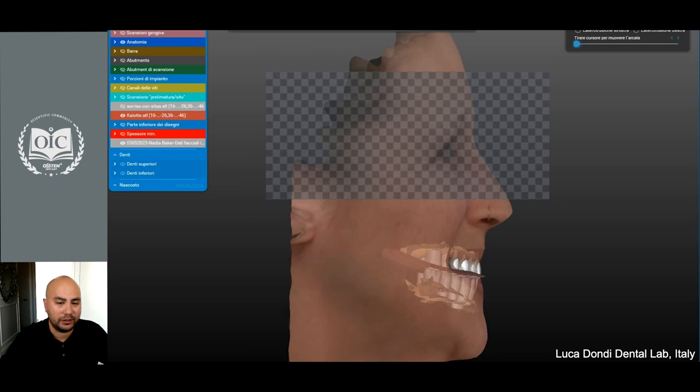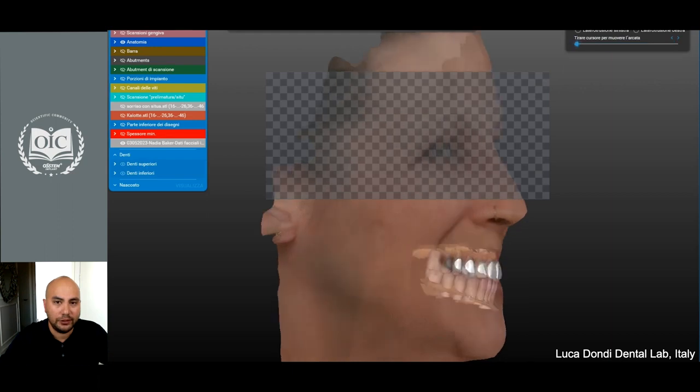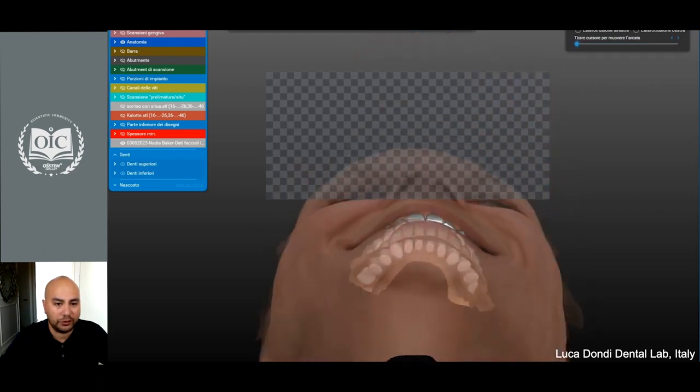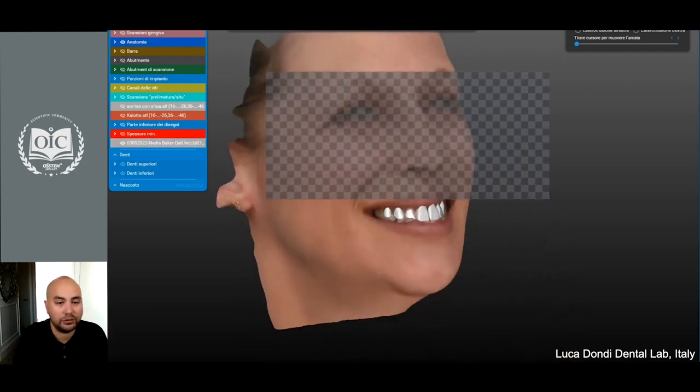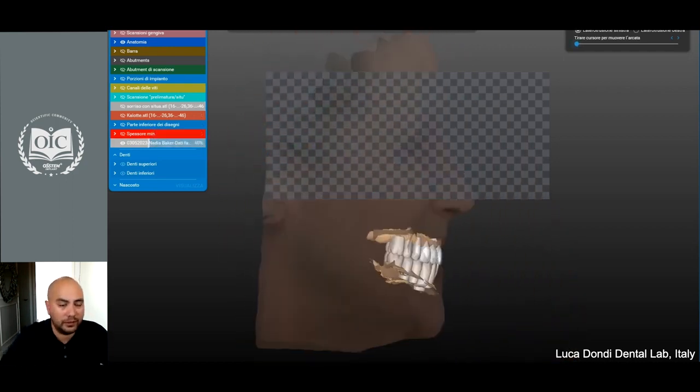And once we are satisfied with that, we can also assess the jaw movement virtually in the face scanning data in different views: occlusal and frontal view, lateral view.